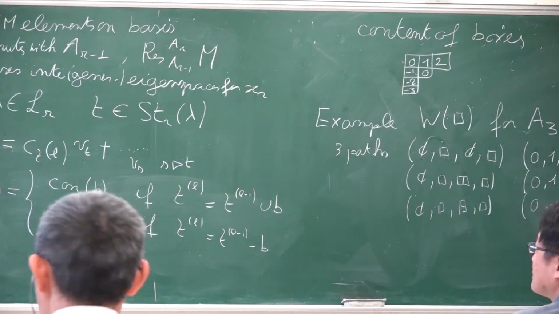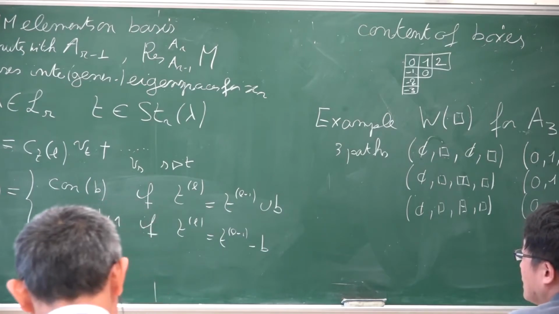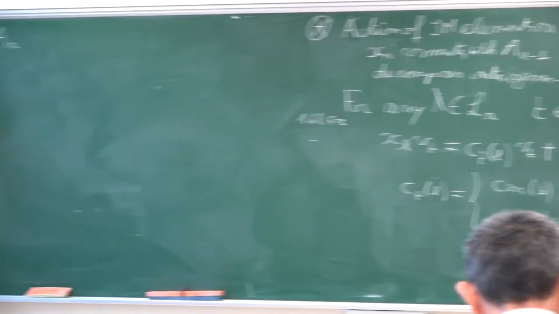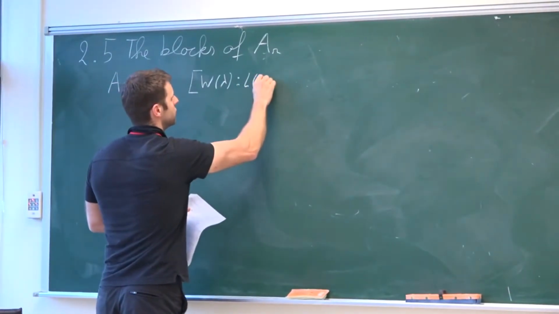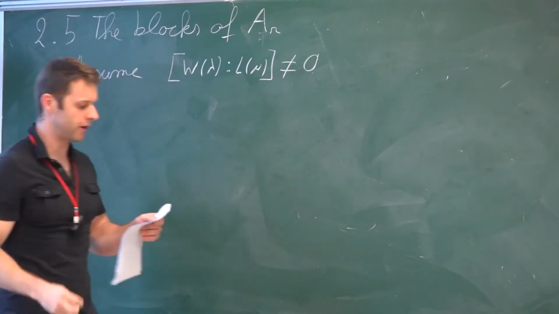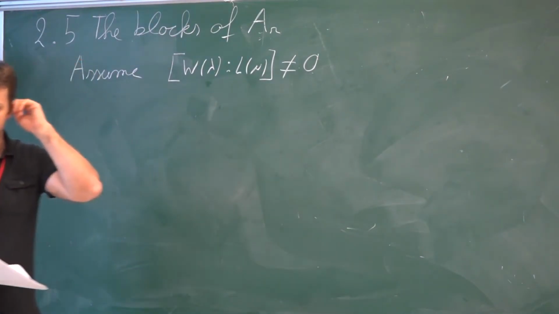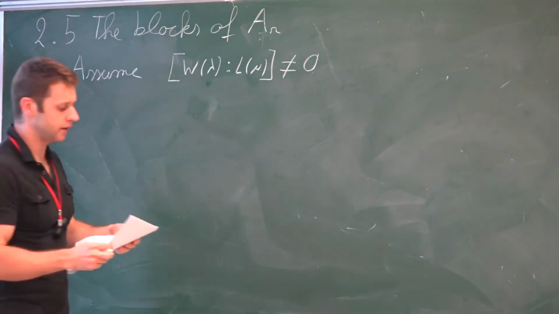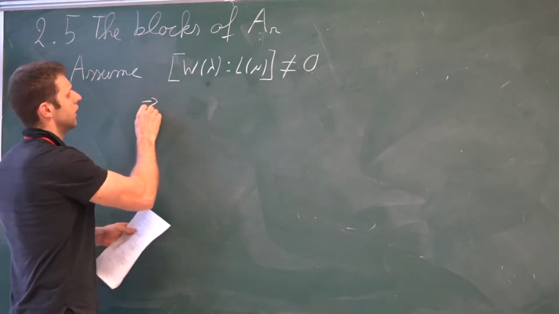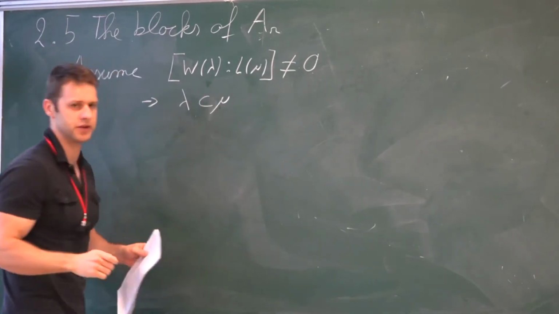So to get to know the blocks, we need to have some rough idea about the decomposition multiplicities. So one thing we can observe now is that if this multiplicity is non-zero, then the first thing which we know is that lambda should be included in mu as a partition.